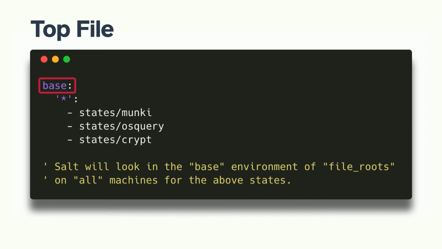In this base environment, we're going to specify that all machines get the next particular set of configurations. Any machine that has this top file run on it will get every single state that we specify below, which in this case would be monkey, OS query, and crypt.